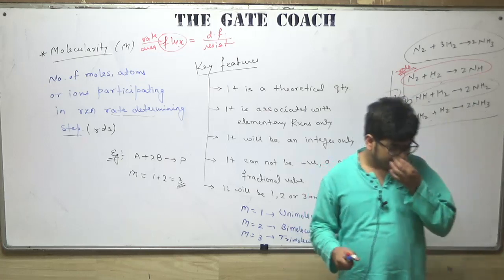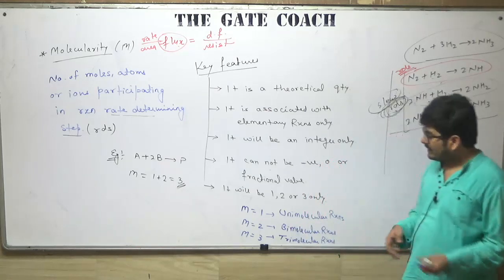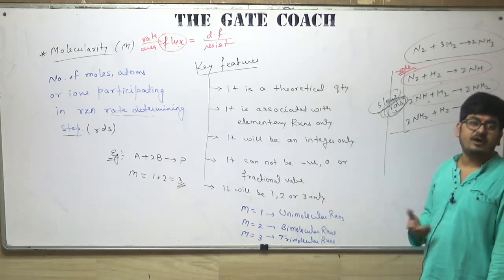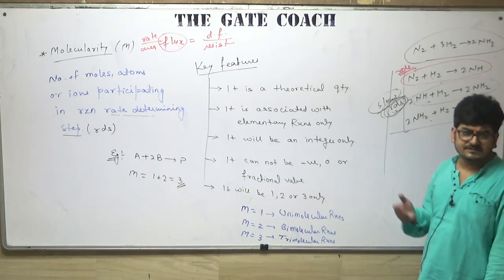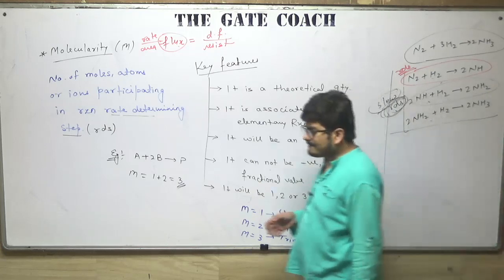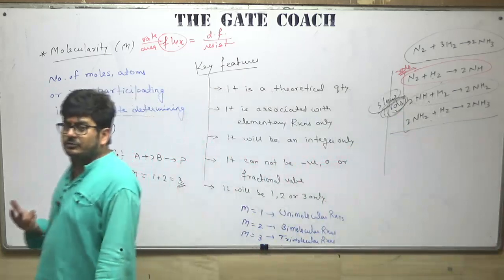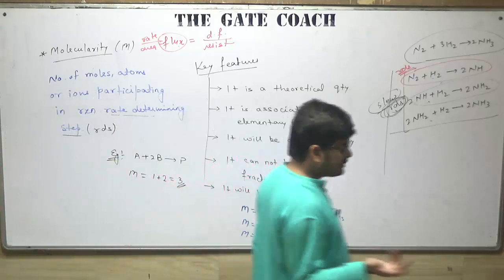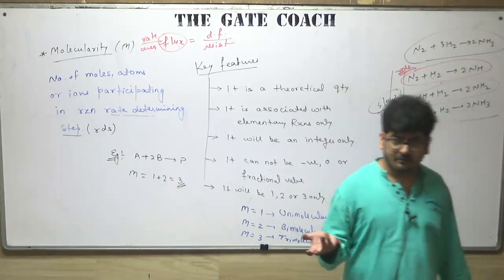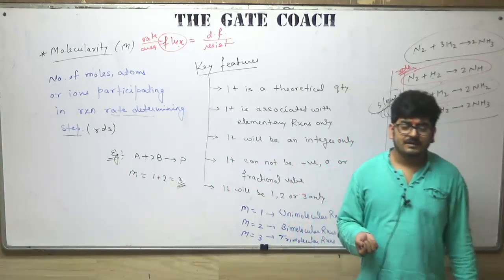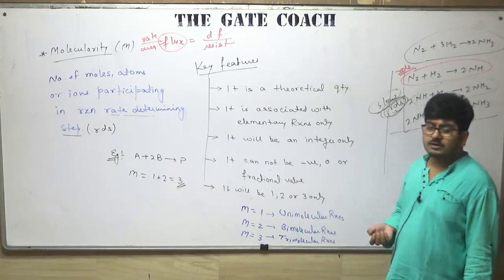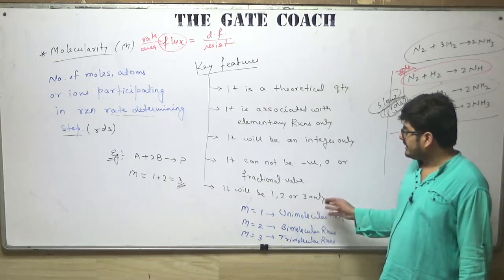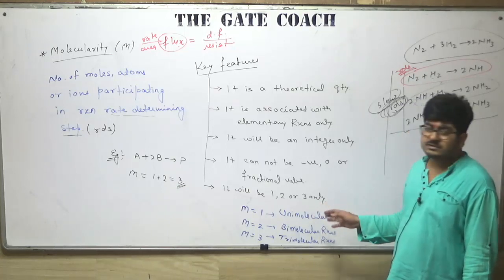Okay. Now, molecularity will be 1, 2 or 3 only. Why? We have so many reasons for that. Mainly there are two explanations, and you can use any one of them depending on the quality of the interview. If gossips are going on in the interviews, then you can simply say, molecularity of any reaction will be 1, 2 or 3 only.